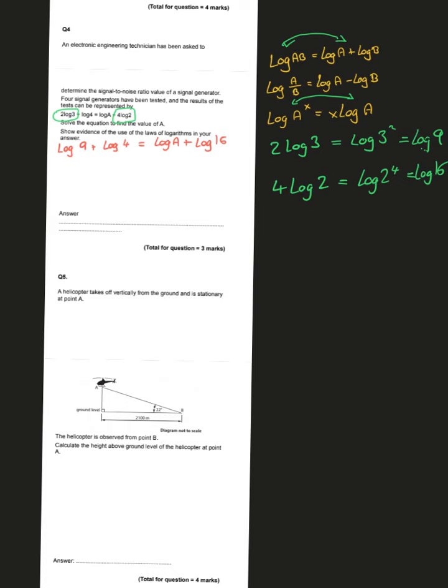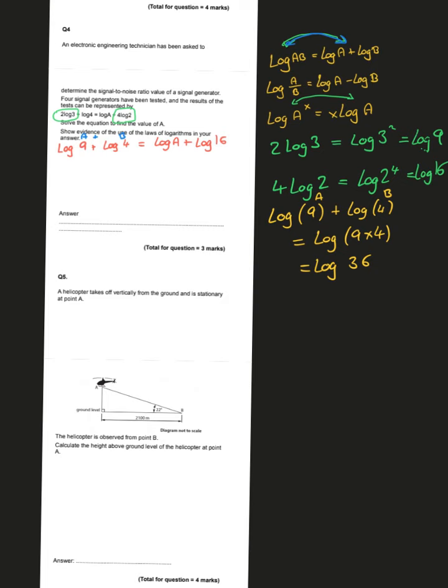So now I've got log A plus log B. I can use my next rule. So log A plus log B is equal to log A times B. So log of 9 plus log of 4 is equal to log 9 times 4. 9 by 4 is the same as 36, so it's equal to log 36.